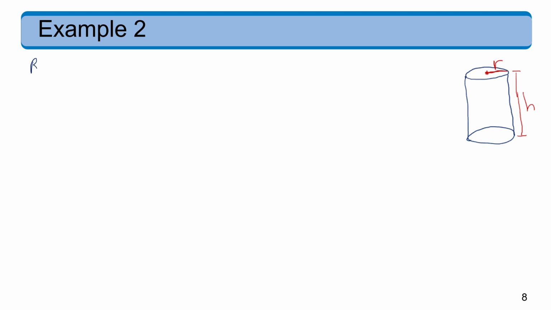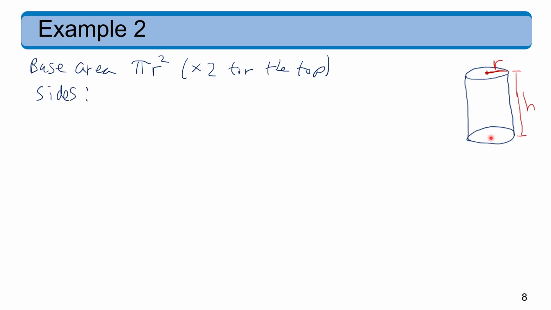So the base area is just the formula for the area of a circle of radius r. So that's pi r squared. But the top is the same, right? So we're going to multiply it by 2 for the top. And then we have the sides. So to find that, what we can do is take the perimeter of this base and multiply it by the height.